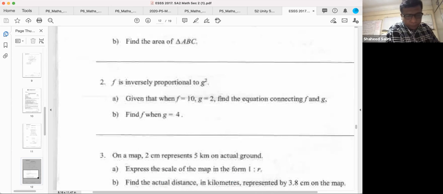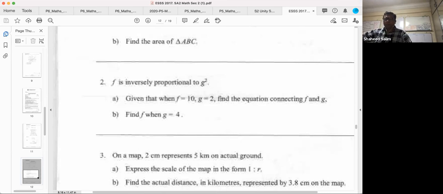Yeah, hold on. Shira, down here there's a g square.